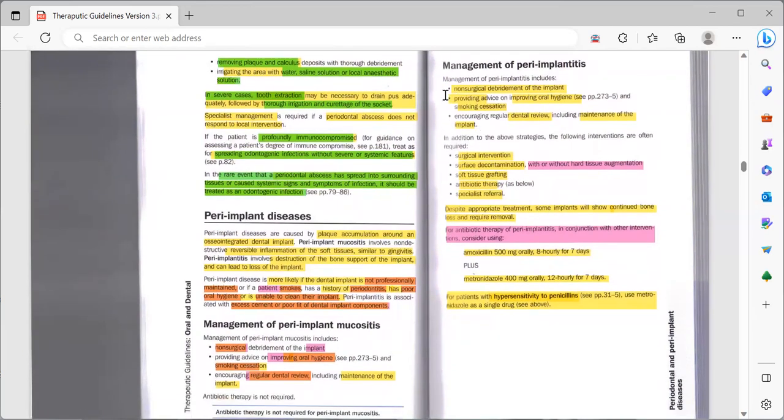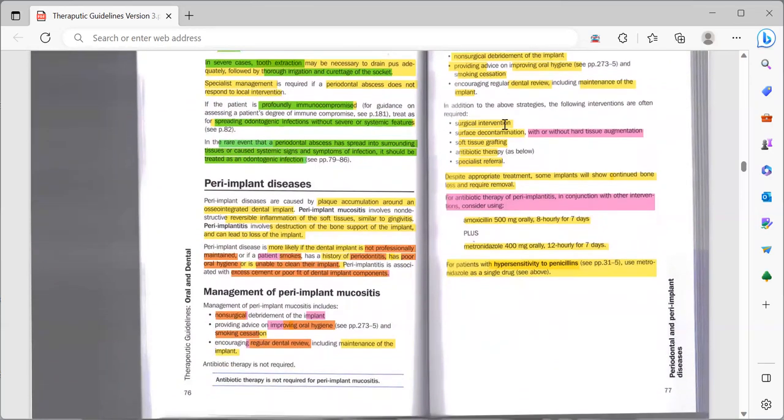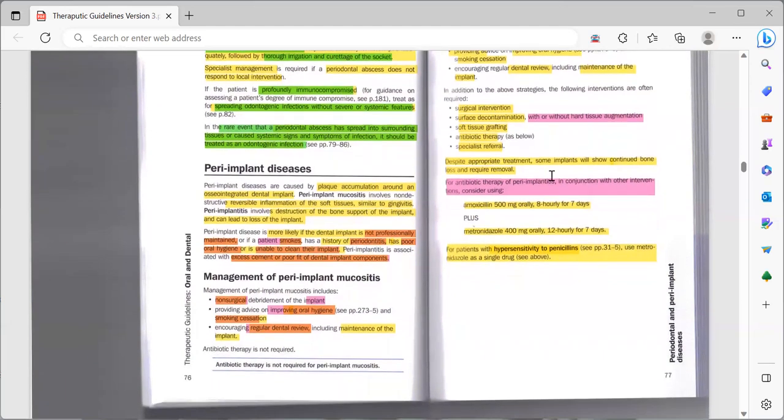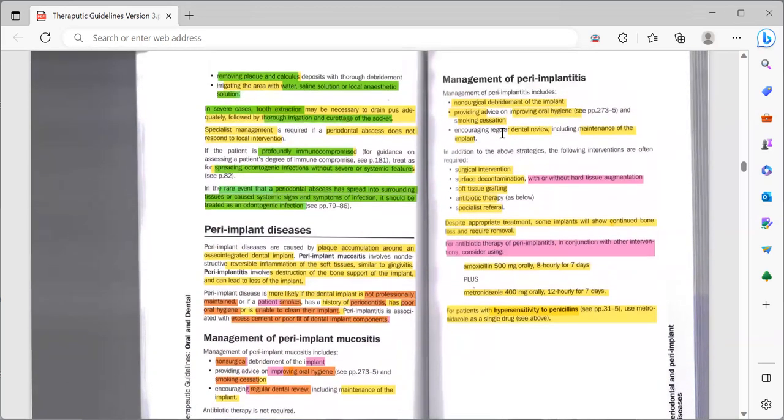And in addition to these three strategies, the following interventions are often required, which would include surgical intervention, surface decontamination with or without hard tissue augmentation, soft tissue grafting, antibiotic therapy, specialist referral. Despite appropriate treatment, some implants will show continued bone loss and require removal. So, even after doing these treatments, some implants may require removal.